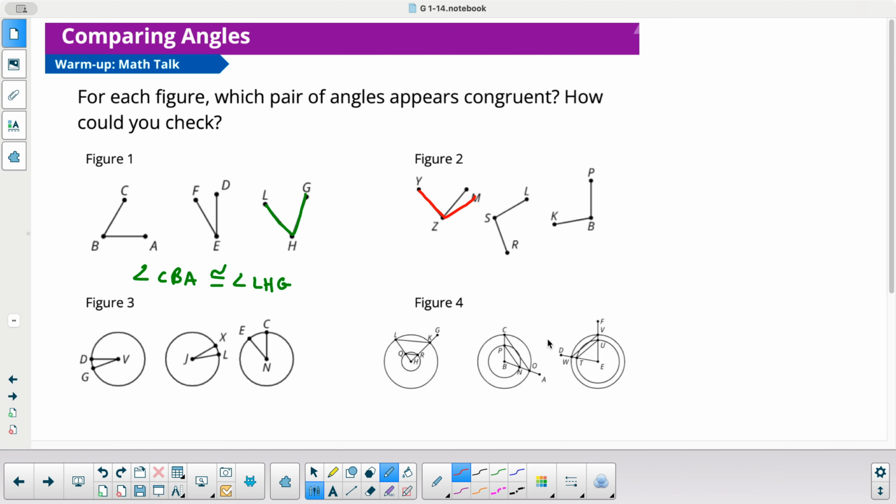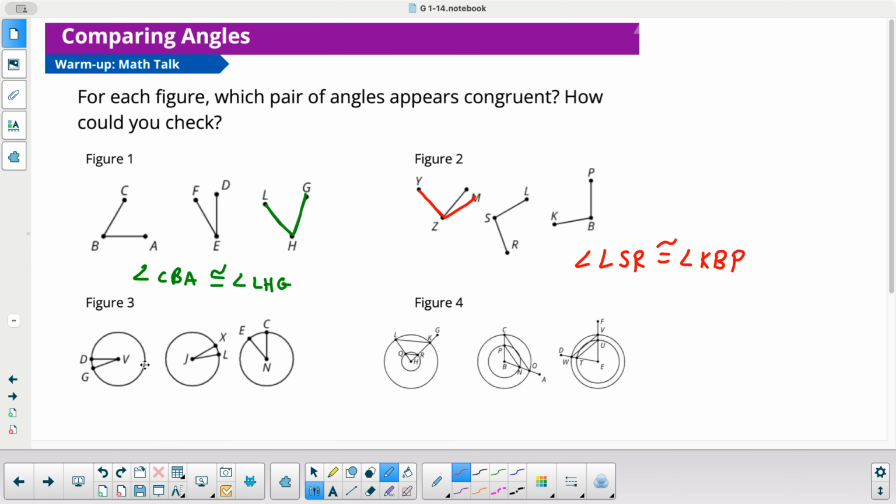So over here, I would say angle LSR is congruent to angle KBP. You can name these three different ways. You can name it angle RSL or angle PBK, or you could just name it angle S or angle B because there's only one angle at that point.